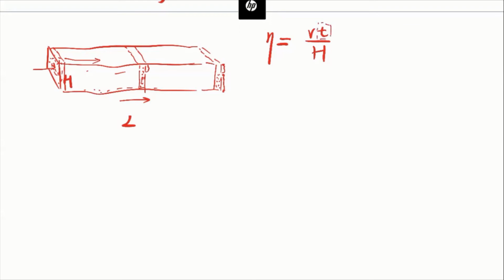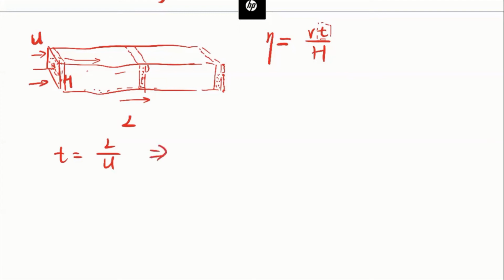We're not going to give it an indefinite amount of time. So the time here is just the length of the duct divided by the flue gas velocity. The flue gas always has a horizontal velocity of, let's say, u here. So under this situation, the time is just the distance divided by the velocity, right?